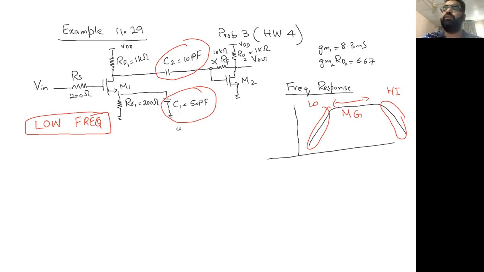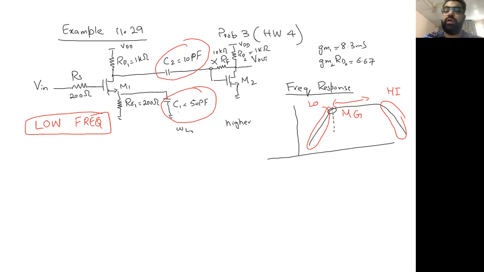Interestingly, we have two low frequency capacitances, but one of them will be dominating. Which will be dominating? The one with the higher value, because this corner has to be decided. Whichever among C1 and C2 results in the bigger value of omega L, that will decide this corner, and that will be the cutoff frequency.